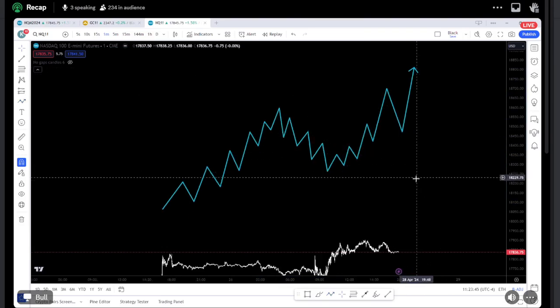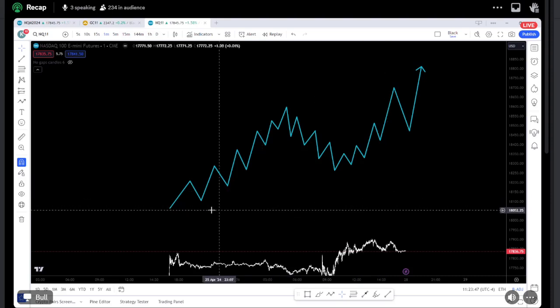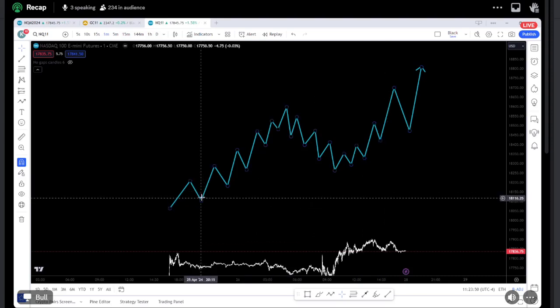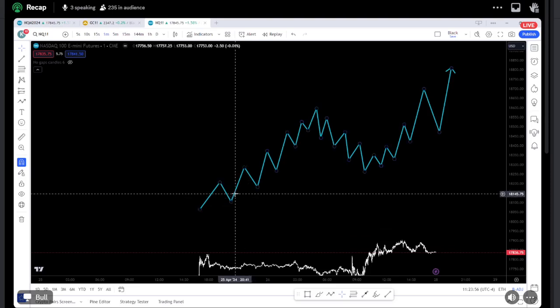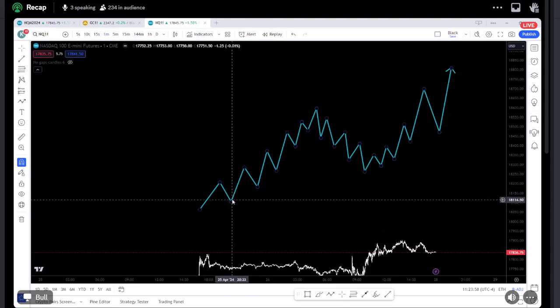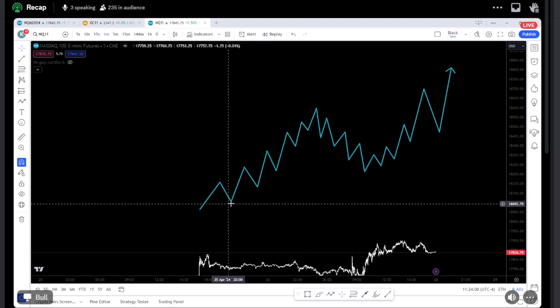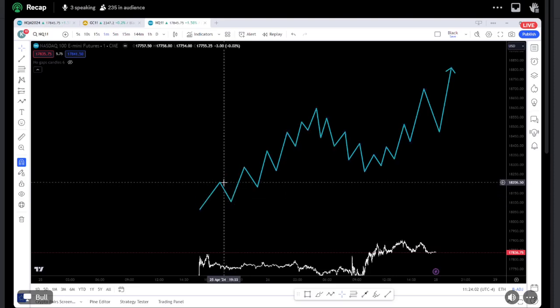Okay, so what we're doing is we're counting our lows. These become validated when there's a pullback, and we tell a pullback by a body closure above that low point. And this becomes a protected low when we have a body closure above the previous high, right?